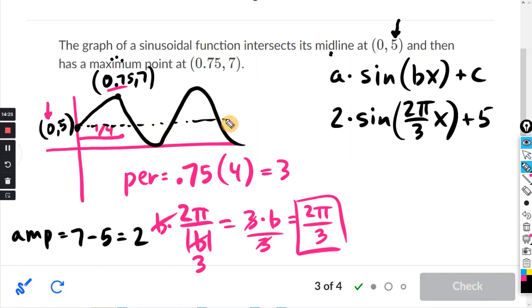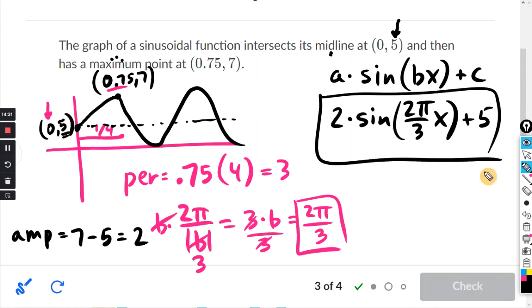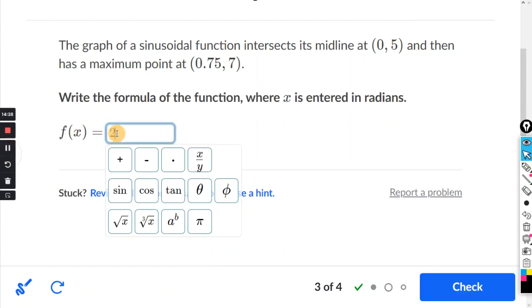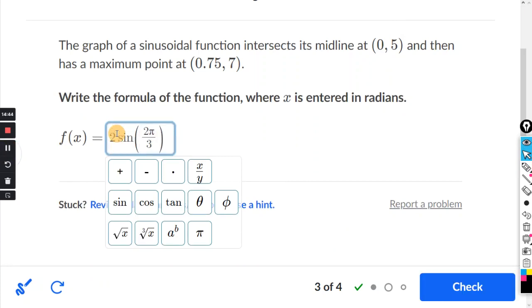And that's the midline right there. So it's at y equals 5. 2 sine 2 pi over 3x plus 5. 2 sine, 2 pi over 3 times x, outside parentheses, plus 5.